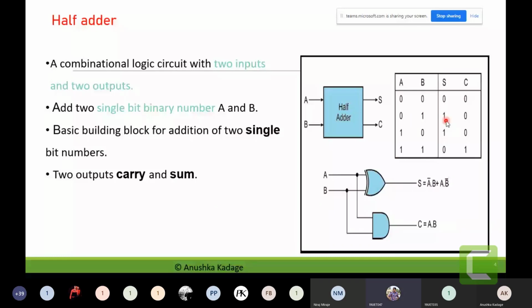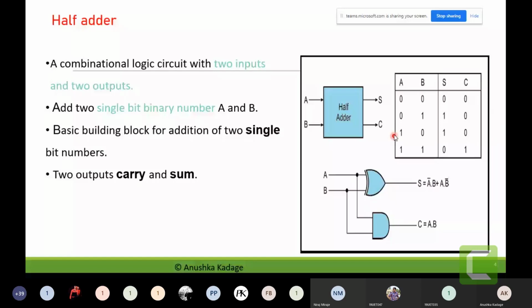If the input combination of AB is 1 and 0, then the sum is 1 and the carry is 0. But if both inputs are 1, then the sum is 0 and the carry generated is 1.